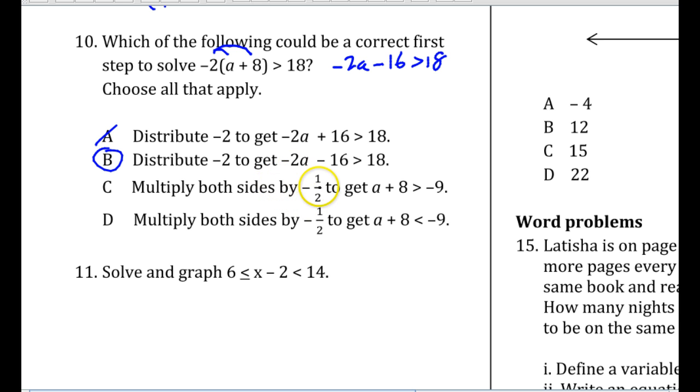And below they say you can multiply both sides by negative 1/2. So let's try that. We multiply this by negative 1/2. I'm just going to rewrite it over here in the corner. I multiply by negative 1/2.